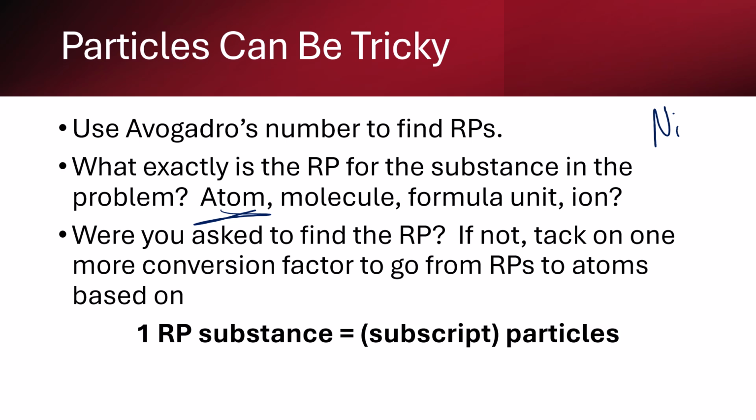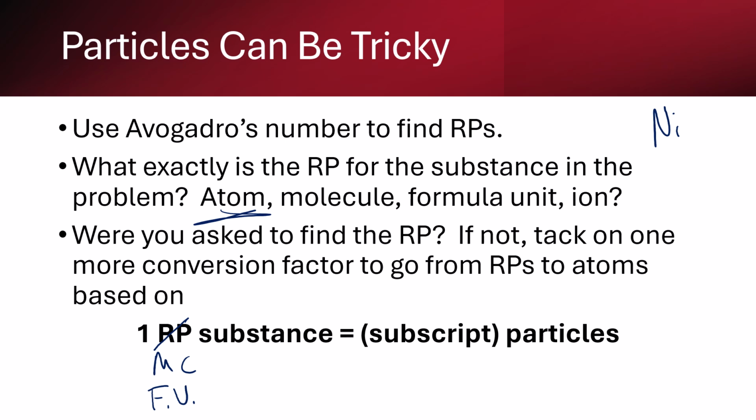Here's a little tip or trick. This is for if you have to go past the representative particle. Like on example 2b, we kind of did this conversion. If I had one representative particle, that could be formula unit, that could be molecule, one representative particle is equal to the subscript of the particle.